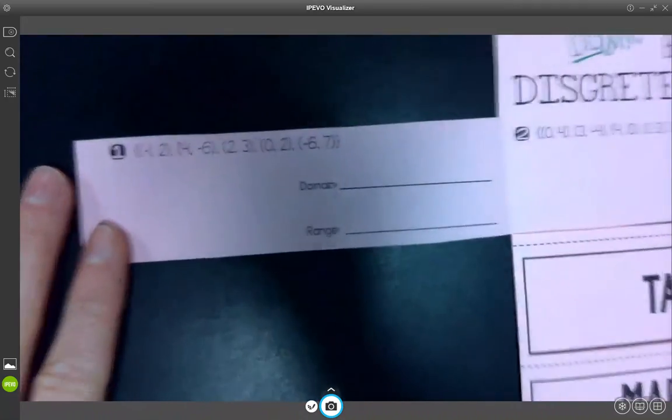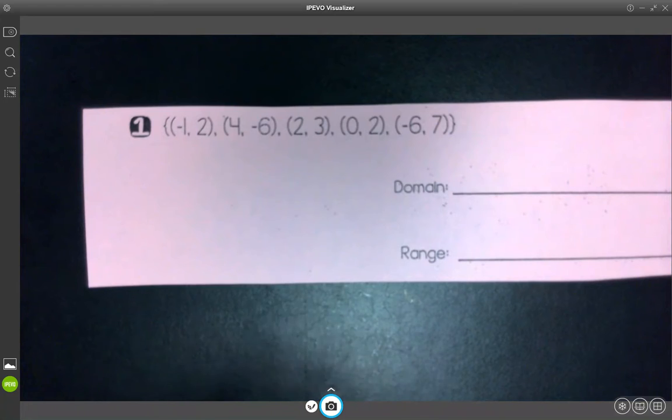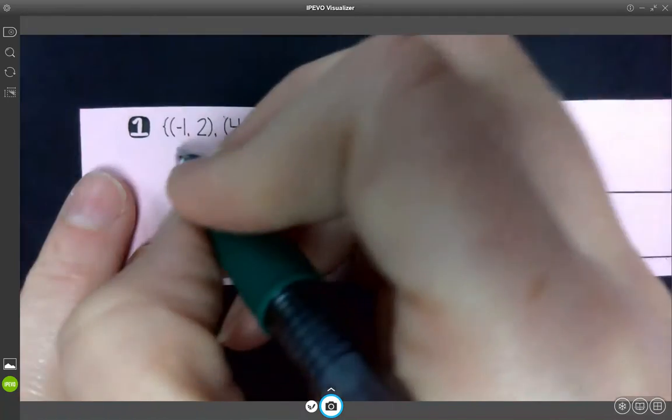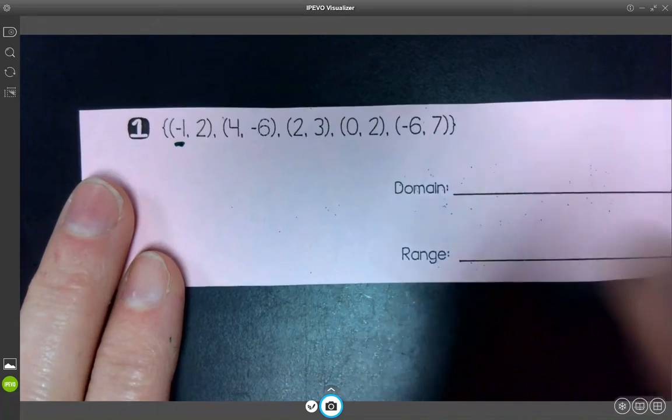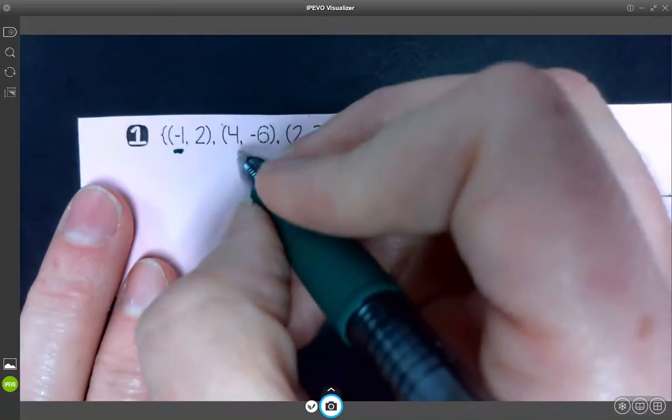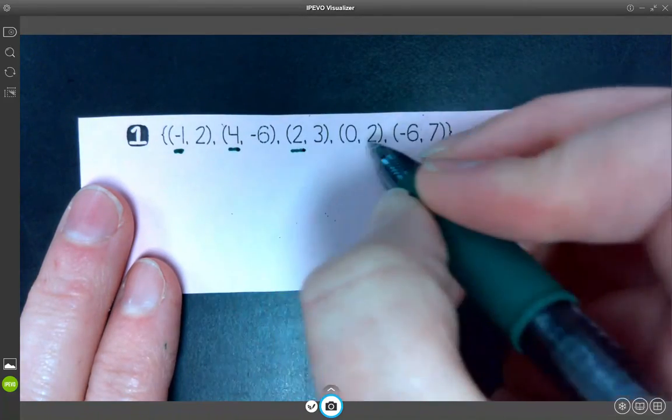So let's look at this set of ordered pairs. We have the ordered pairs X and Y. So we have all the X values. So the way we could list out the domain is first by underlining all the X values.